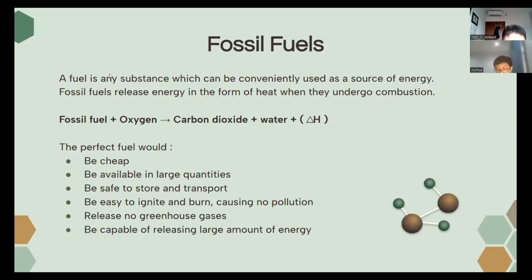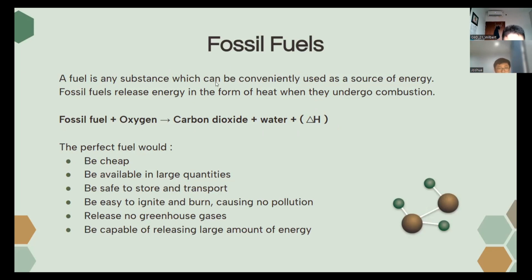Fossil fuels. A fuel is any substance which can be conveniently used as a source of energy. Fossil fuels release energy in the form of heat when they undergo the process of combustion. So fossil fuel plus oxygen equals carbon dioxide plus water plus enthalpy change of heat.